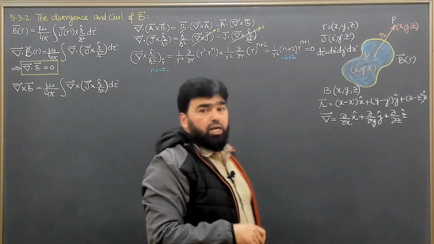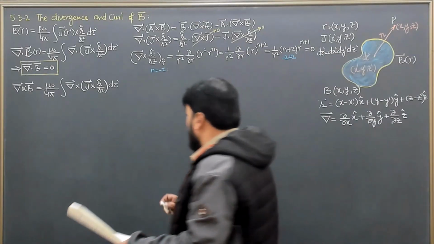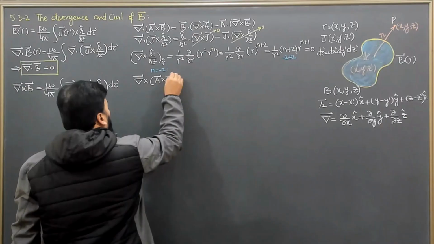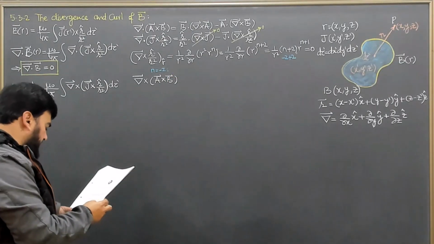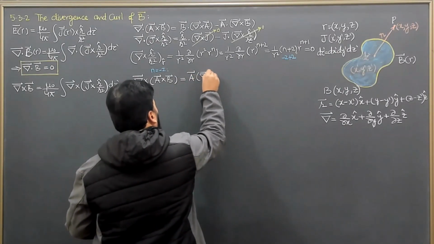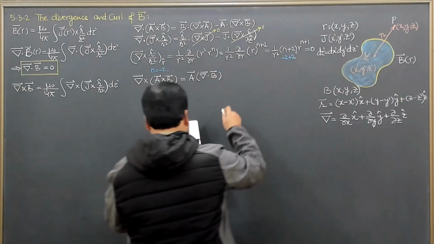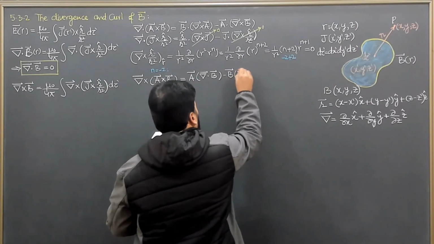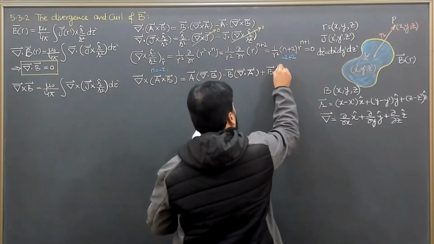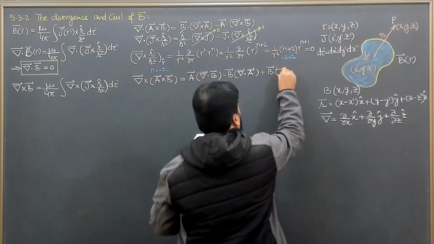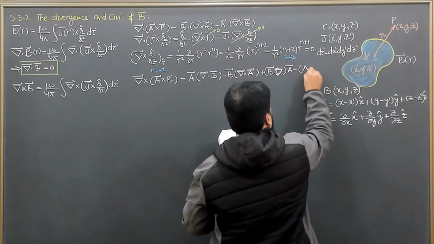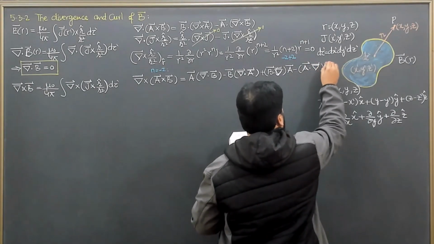Now we will utilize another vector identity: if we take the curl of two vectors which are in a cross product, this identity is equal to A times the divergence of B, minus B times the divergence of A, plus B dot del in the A direction, minus A dot del in the B direction.